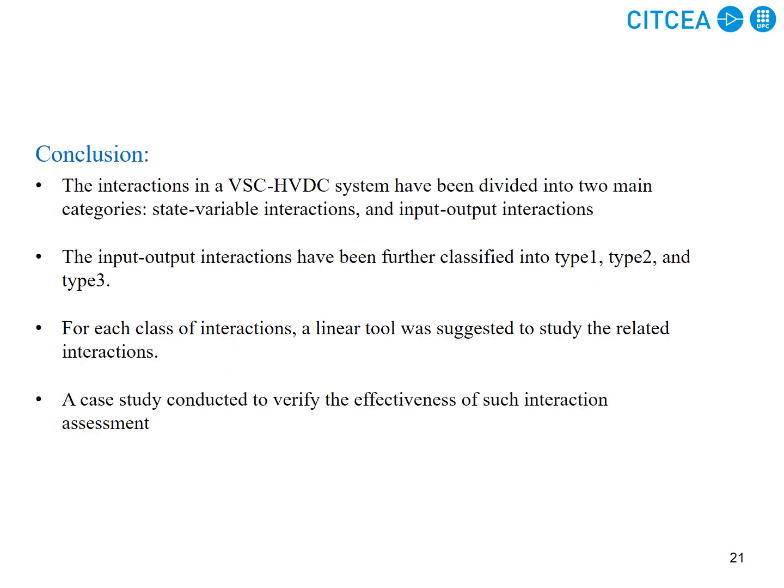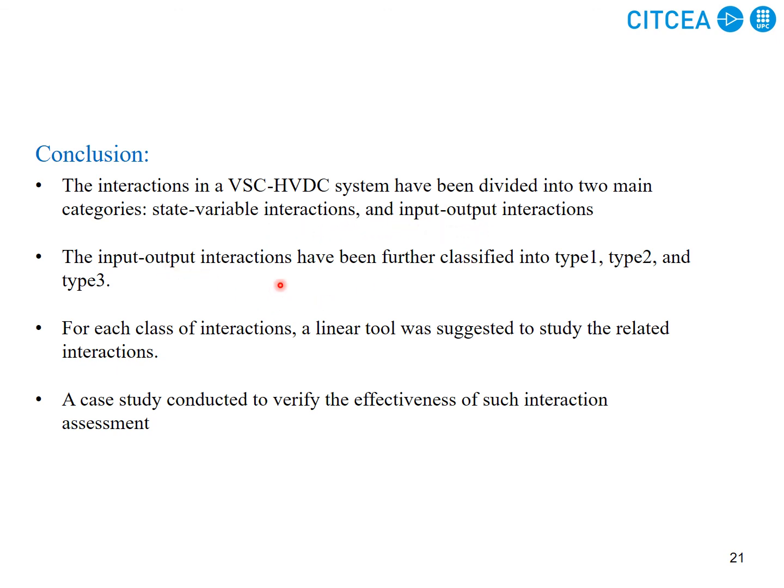So to wrap up, we tried to classify the interactions in a VSC HVDC system based on the nature of interaction, which could be state variable interactions and input-output interactions.